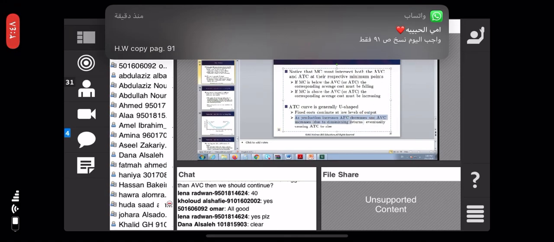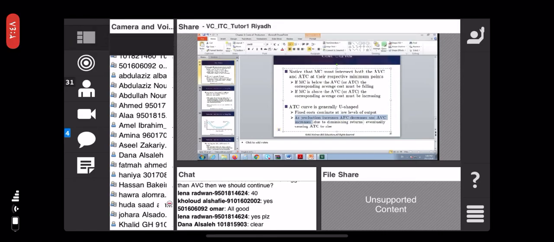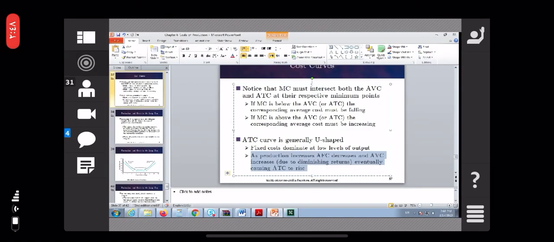As production increases, average fixed cost decreases and average variable cost increases. التكلفة المتغيرة بتزيد due to diminishing returns, قانون تناقص الغلة, eventually causing average total cost to rise.